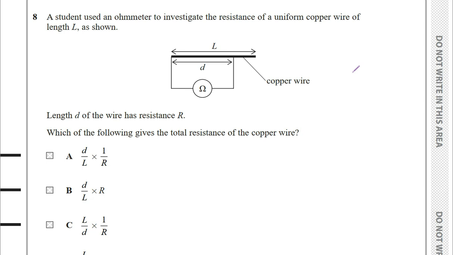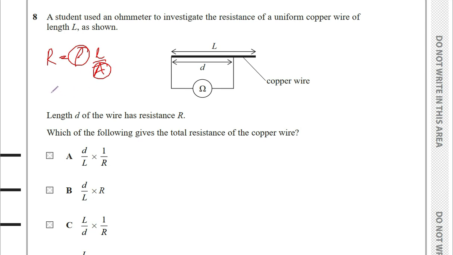So you can apply this concept of length and resistance. I mean, the equation that links length and resistance, right? So the equation is resistance equals rho L by A. Since it's the same wire, it has the same resistivity, same cross-sectional area.